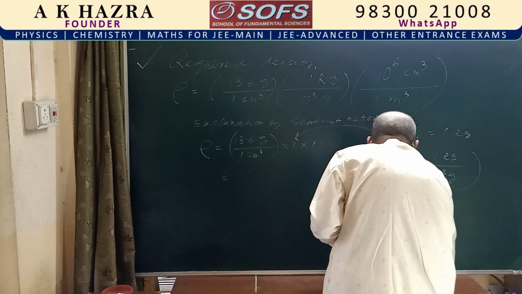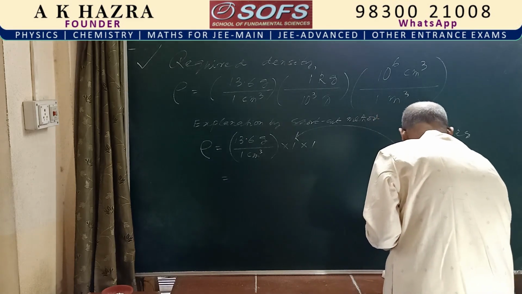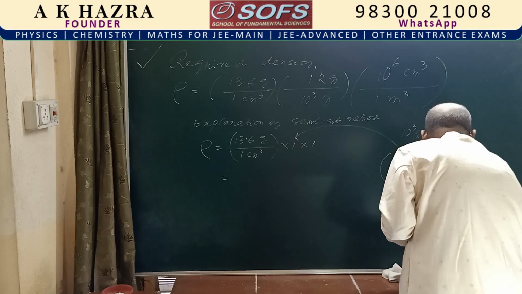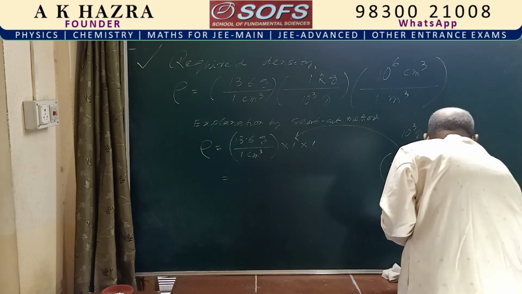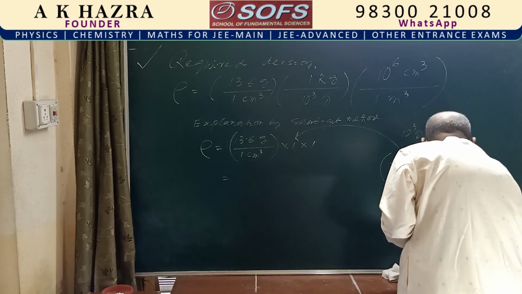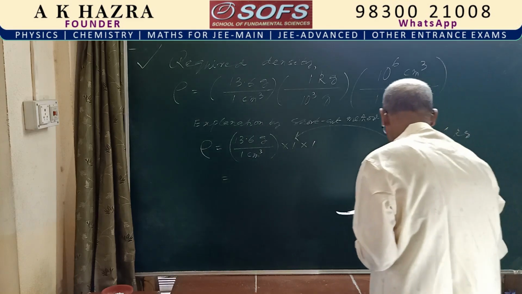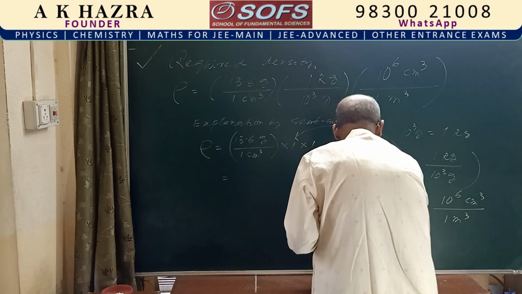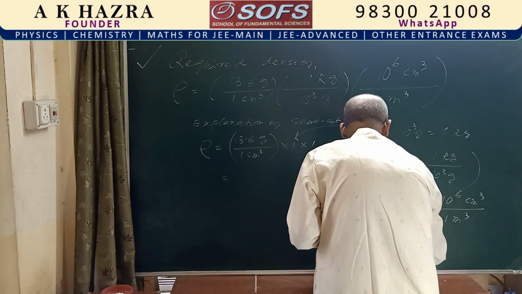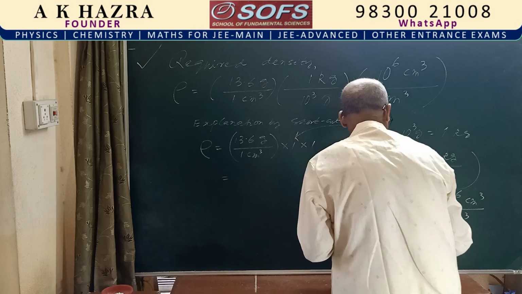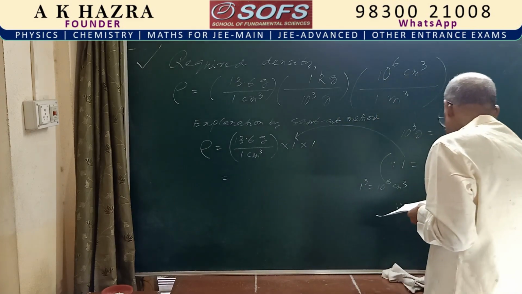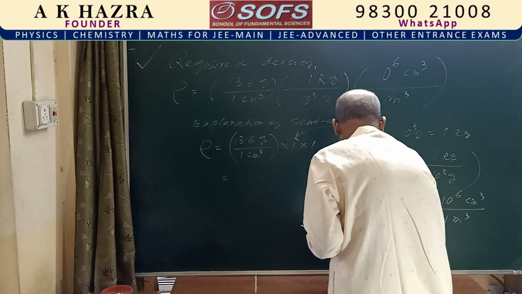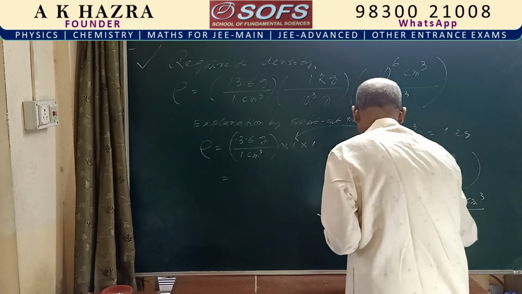Since 1 equals 10 to the power 6 cubic centimeter by 1 cubic meter, because you know 1 cubic meter equals 10 to the power 6 cubic centimeter.